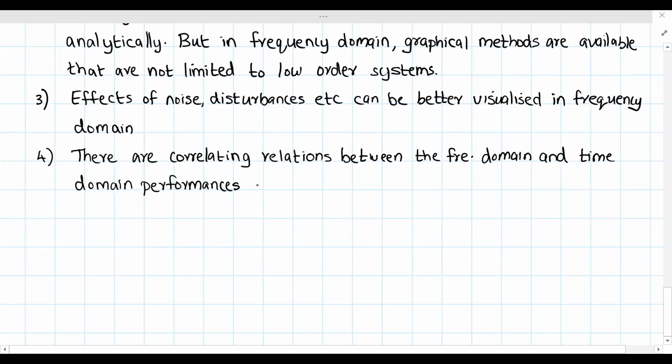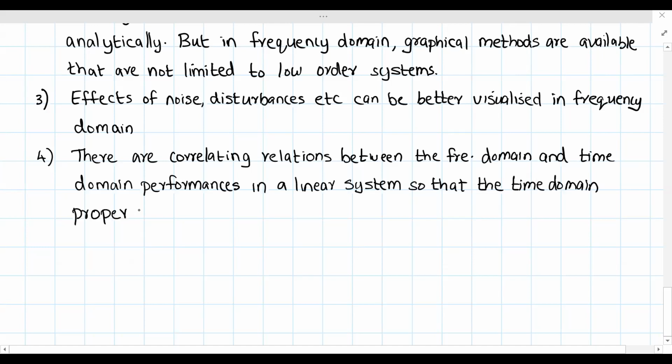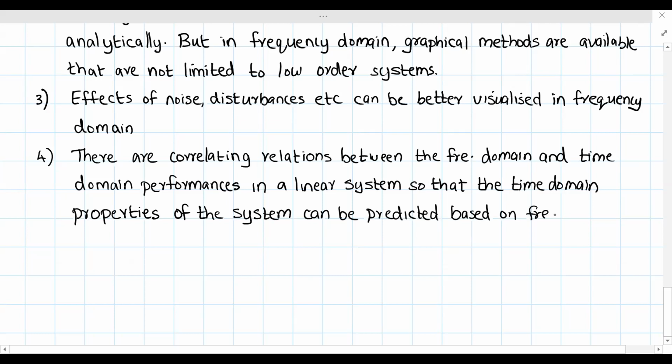In a linear system, the time domain properties of the system can be predicted based on frequency domain characteristics.